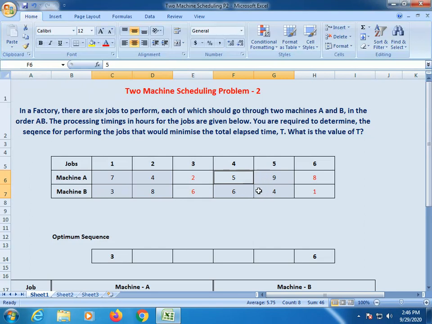Among all those processing times, let us identify the shortest processing time. After 2, what is the shortest processing time here? Here we have 4 and here we have 4, and here we have 3. So 3 is the shortest processing time. Okay, so here we have only one 3.